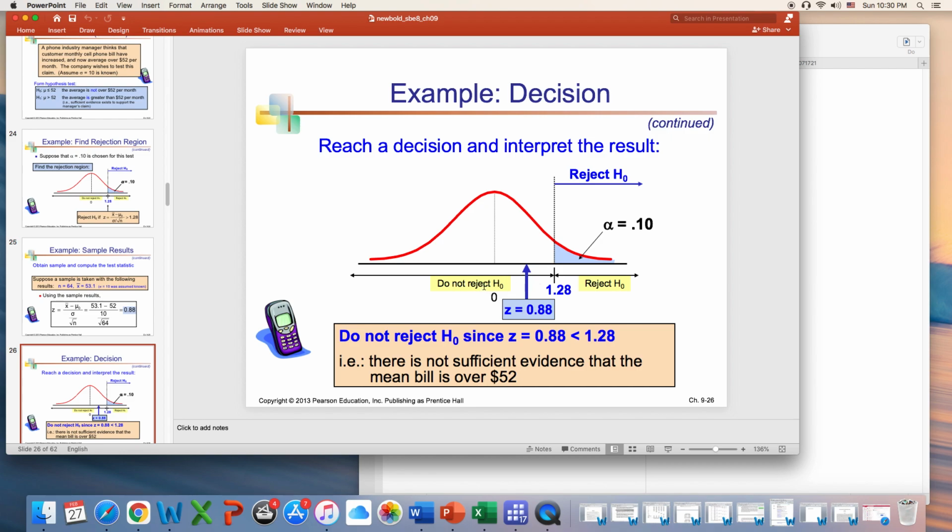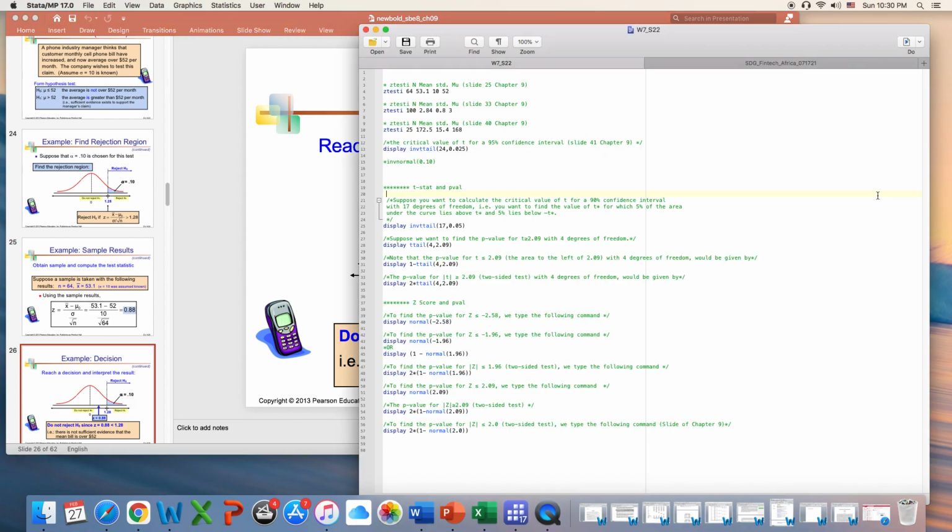Then we decide that we do not reject the null hypothesis. Or you can say we don't have sufficient evidence that the mean is over 52. So let's see how we can do that here.